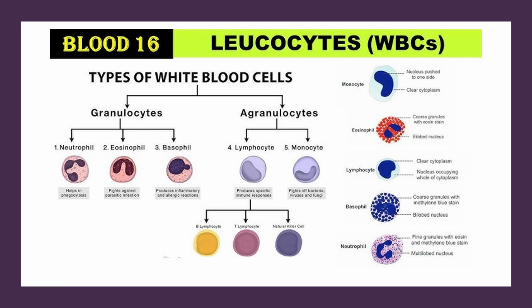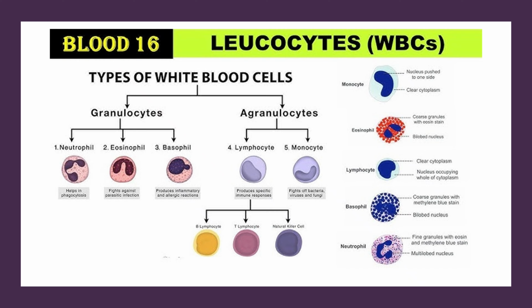So the primary function of white blood cells is to fight infection, to destroy foreign matter, and eliminate damaged or abnormal cells in the body. That's why we have this here. The white blood cells are an integral part of the immune system and are necessary for its functioning.